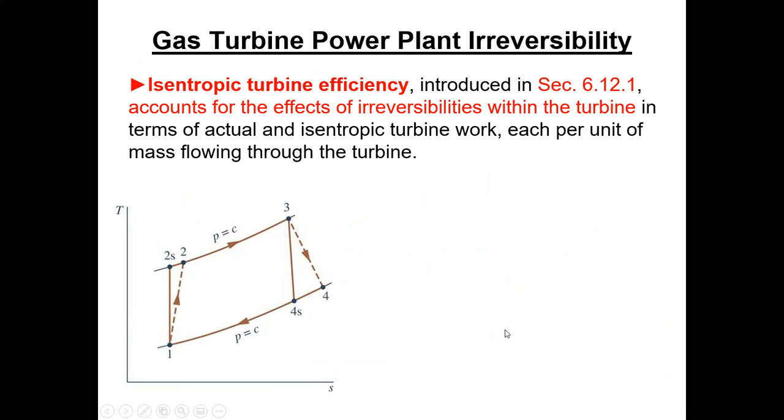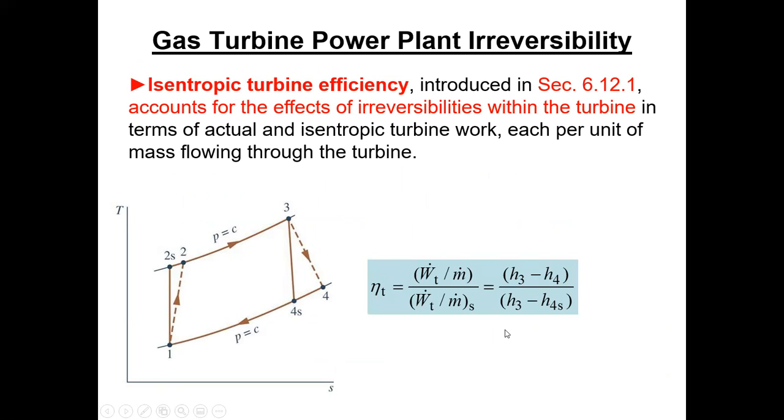Isentropic turbine efficiency. This is pretty much what we've already been through, so I think everybody's probably pretty good on this. It's the real turbine on top, because it's going to produce less, divided by the isentropic turbine on the bottom.